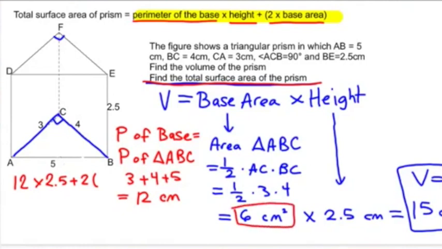Here's the base area of 6. So 12 times 2.5 plus 2 times 6 is going to equal 42 square centimeters.